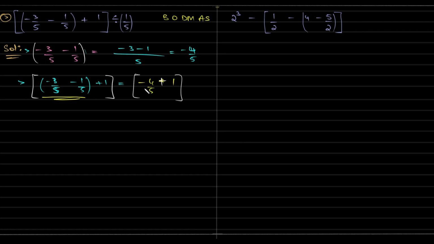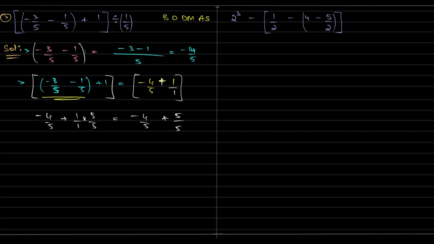Now we have a set of fractions again. We need to subtract and add them, right? So in this case it's subtract actually. For that we need to make the denominator same. So in this case the LCM is 5. So I'm looking at multiplying and dividing with 5. Minus 4 by 5 plus 1 into 5 is 5. 1 into 5 is 5.